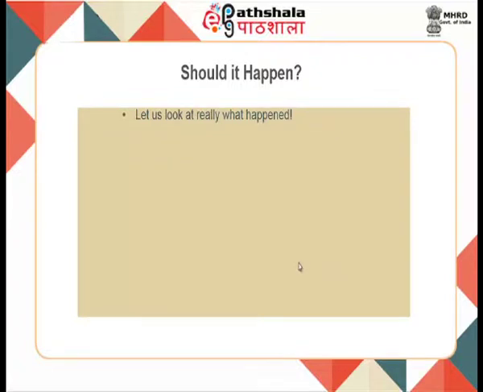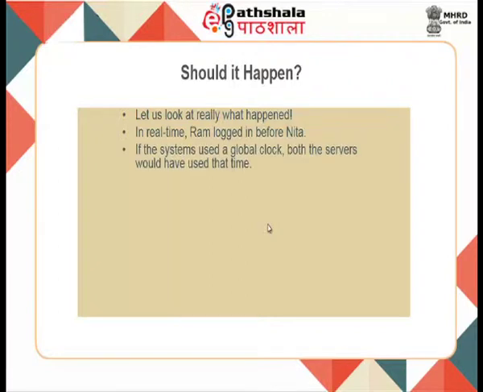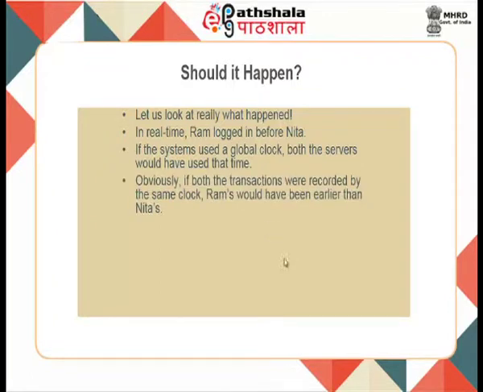So, let us look at what actually must have happened. In real time, Ram had logged in before Nita. Therefore, Ram should have got the ticket, and he actually got it. But the systems are not following a global clock. According to the global real time, Ram had logged in before Nita, but the systems are following their own clocks.